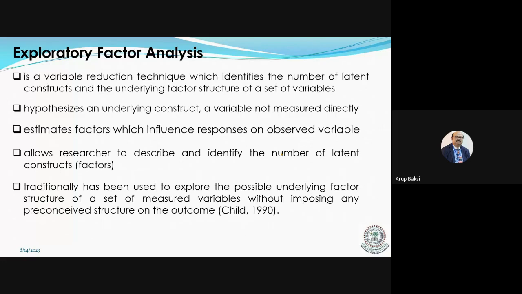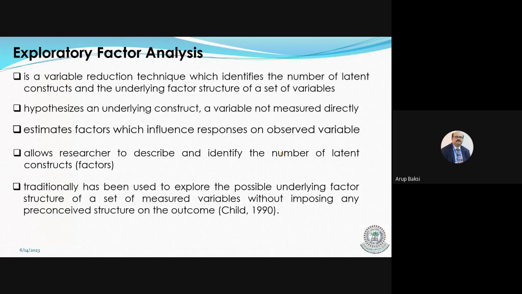So if you have a set of items, 25 to 30 items, which you are using to capture a single notion like introvertness or extrovertness, at the end of this factor analysis you would like to find out which are the manifested or observed variables that form this basic construct that you are trying to measure.